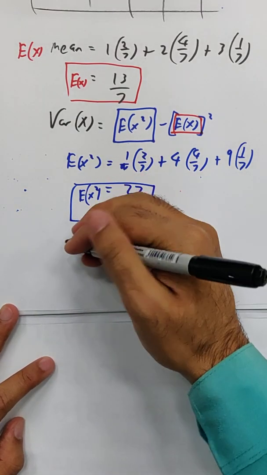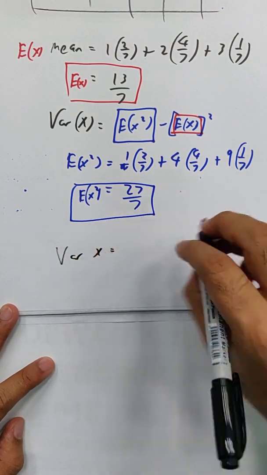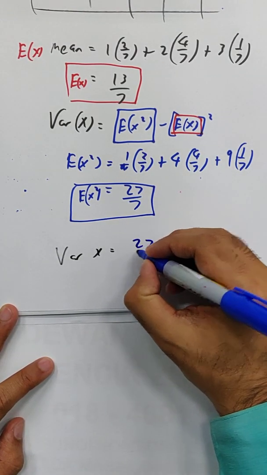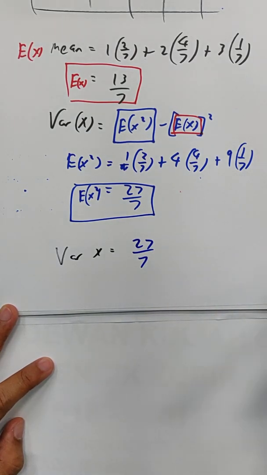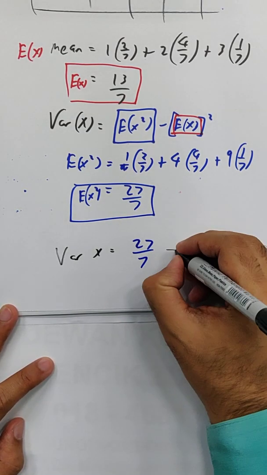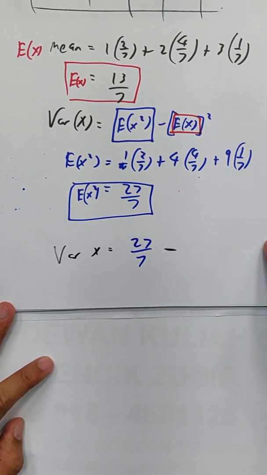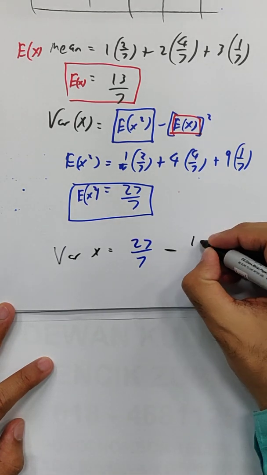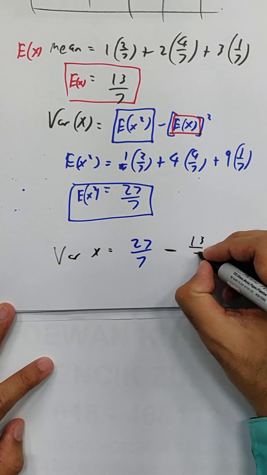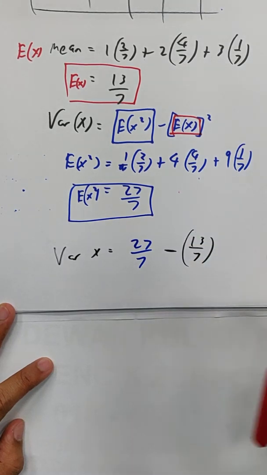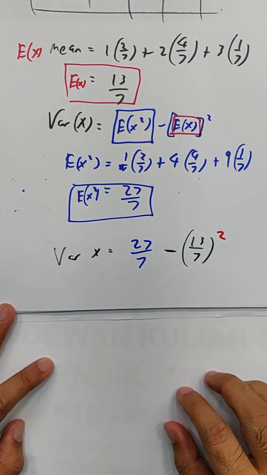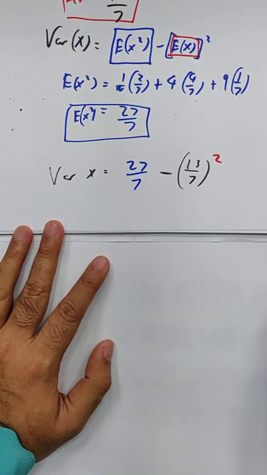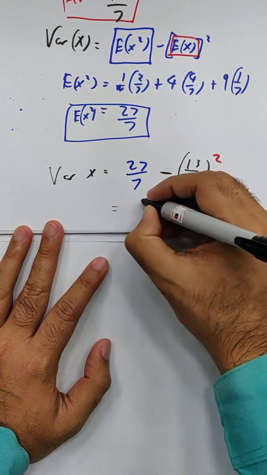So for variance, it's 27 over 7 minus 13 over 7, squared. And what will you get? Press calculator. 20 over 49.